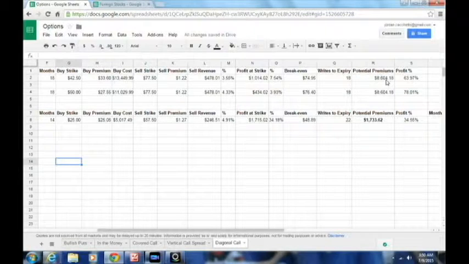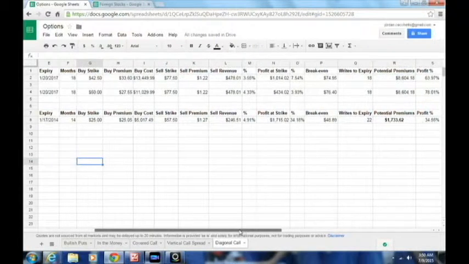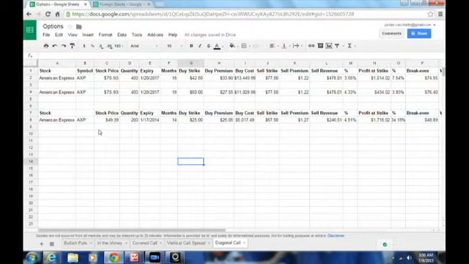But just as an example, this is how much premium you could collect. So your returns are 73.97% or 78.01% of your initial cost. So that is much better than the vertical call spread. Again, this is a purely hypothetical scenario, but I will use one that I actually did a couple years ago, ironically on American Express.